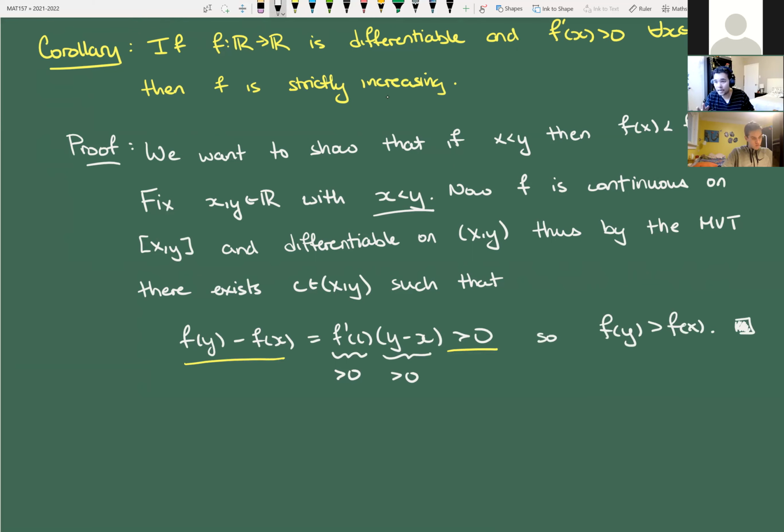Right? So very, very similar proof, right? You can see it's almost identical right up until that very end. But instead of using the fact that f prime of c is equal to 0, this time we use the fact that it's strictly positive, and then again, move f of y to the other side or f of x to the other side, however you want to do it. And voila, we're done, right?